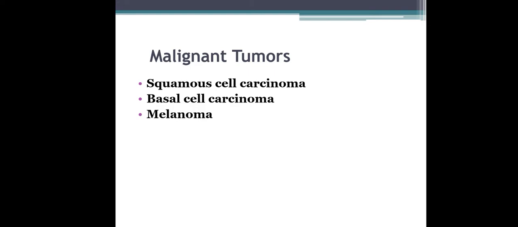All those can turn malignant. But the most common malignant tumors are these 3. So please listen carefully. All these 3 are very important, and they will definitely ask for them in your exams.